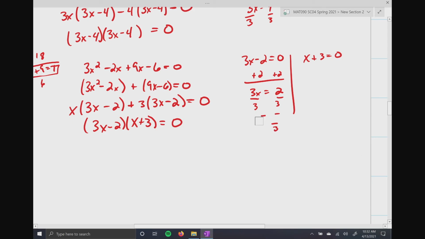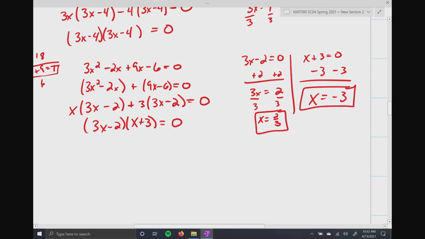Oh, that looks gross. So for my first solution, x equals 2/3. For my second solution, I just subtract 3 from both sides. x equals negative 3.